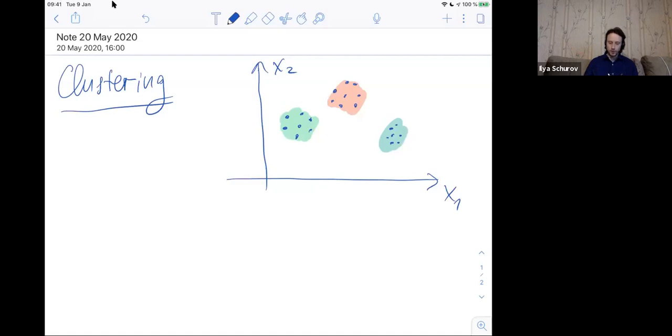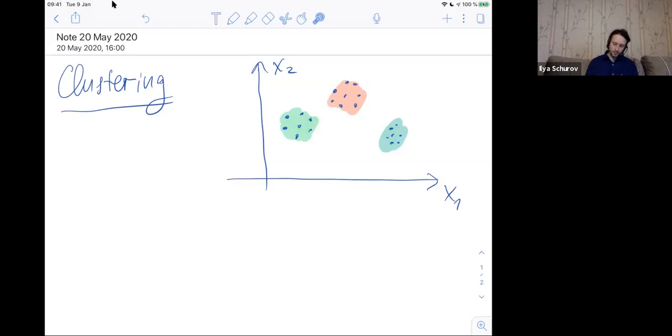First of all, before we continue with algorithms, we have to discuss a little bit the notion of distance between our data points, because if we try to formalize the clustering problem, we have to say something like this. Why do we believe that these points belong to the same cluster, and these points and these points belong to different clusters? Why do we believe that this is correct?